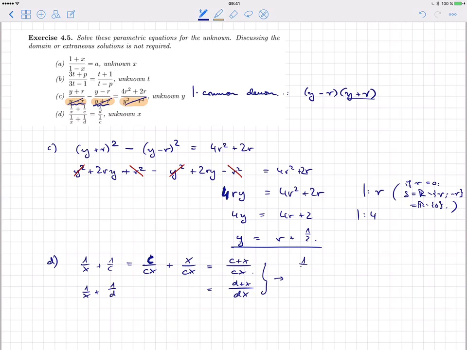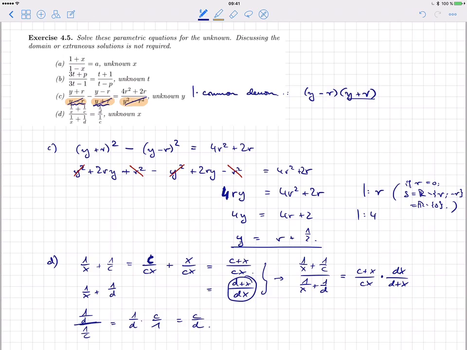So the whole fraction on the left-hand side becomes c plus x over cx, now divided by d plus x over dx, which is multiplying with the inverse. And the same thing on the right-hand side, actually in a simpler form. 1 over d over 1 over c is 1 over d times the inverse of 1 over c, so it's just c over d.